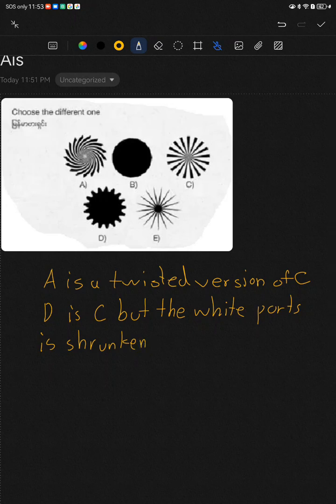Now finally, let's look at E real quick. It still retains the black and white from C, but in E, the white parts are a lot bigger than the black parts.